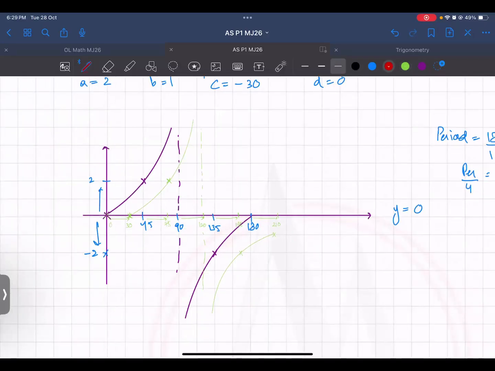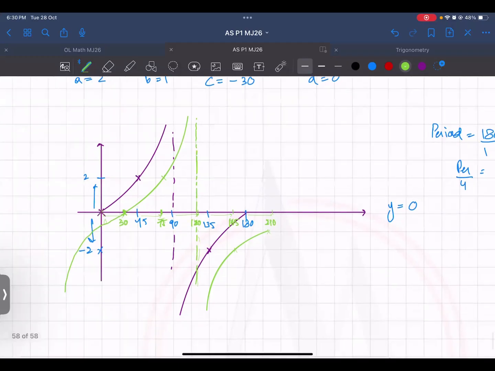Let me bold it. This is the asymptote now, and it is passing through these values: 30, 75, 120, 165, and 210. If you want to continue it on the left side, it will continue like this.